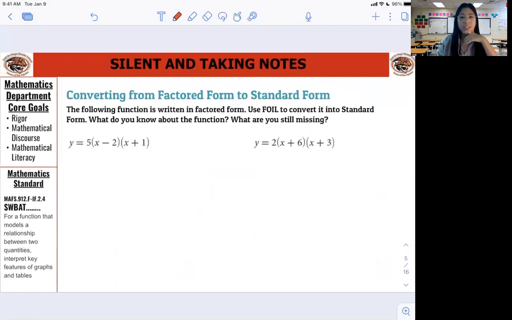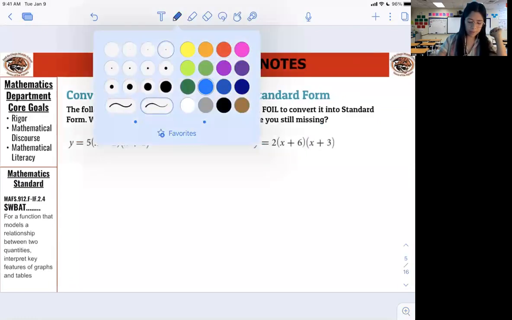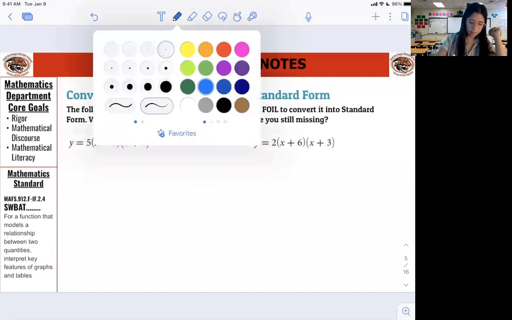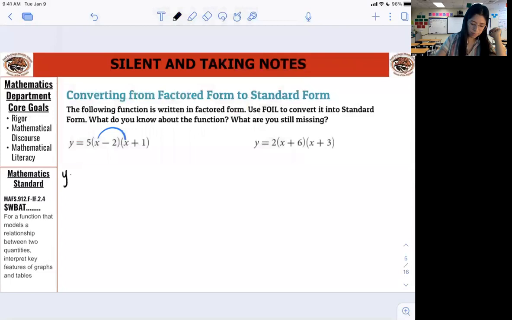Pretty easily, actually. You guys already probably see how we're going to do this. What operation can I do between these binomials? Foil. We can FOIL. So just by foiling, you can turn factored form right into standard form. And then we'll talk about how we go from there. So we can FOIL. X times x. Careful.